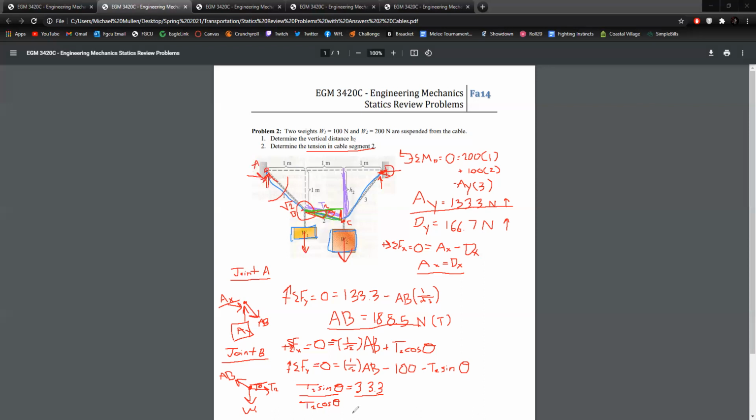Because once we do this, and this comes out to be 133, our T2s are going to get crossed off because T2 sine theta divided by T2 cosine theta is just going to give us tangent theta. Sine over cosine is tangent.